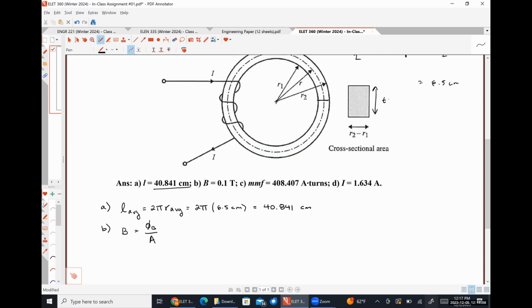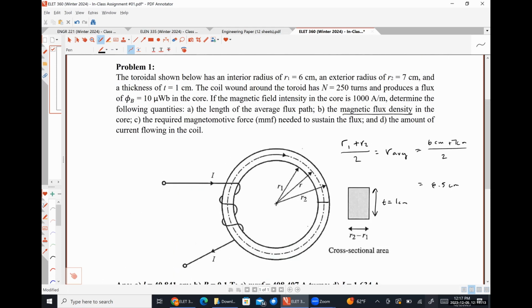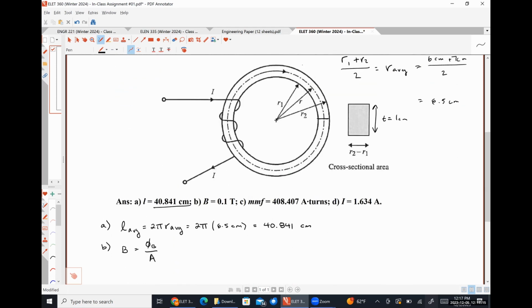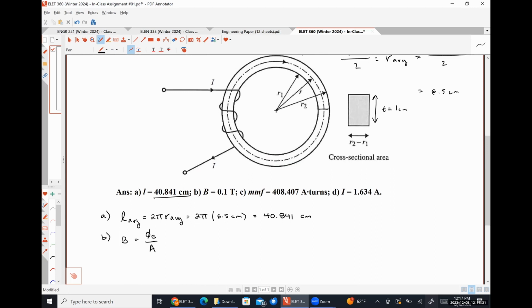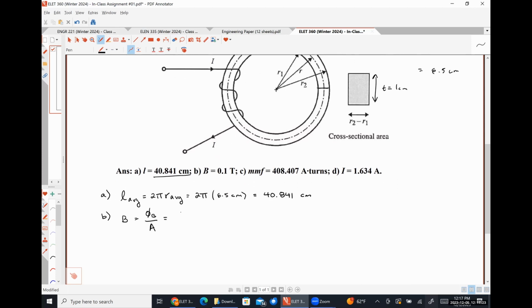So this is our thickness of 1 centimeter. Let me scroll up and make sure I'm not screwing that up. Nope, that was what our thickness is. So our area is simply 1 centimeter. Let me write this out further.